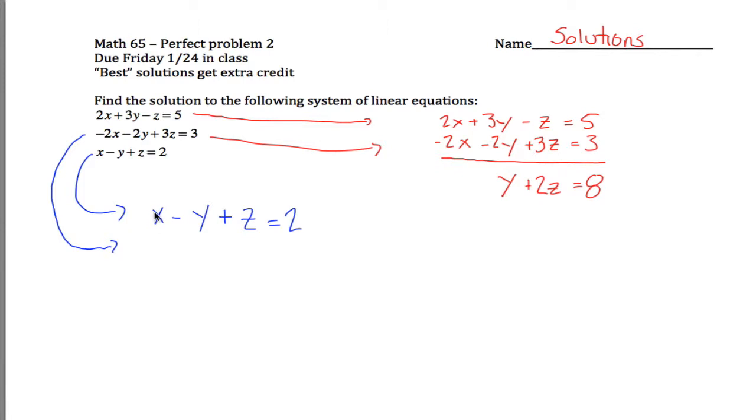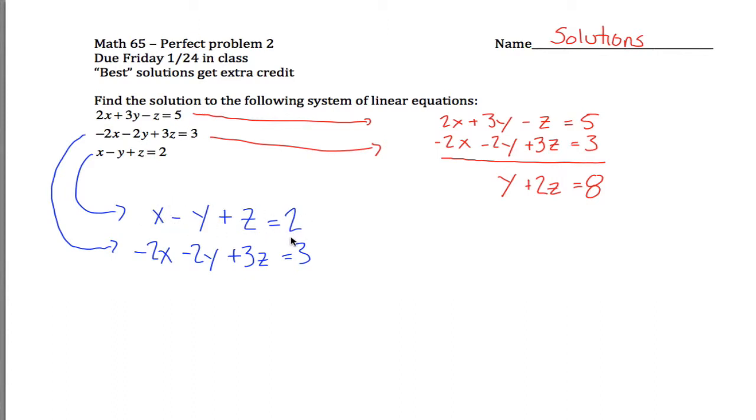So I'll end up with, well, I'll show you. Negative 2x minus 2y plus 3z is equal to 3. You don't want to add these equations together right now. If you add these equations together right now, you won't get rid of any of the variables. We have to get rid of our x's like we did up here. So if you want to get rid of the x's, you can multiply the top equation, all 4 terms here, by 2.